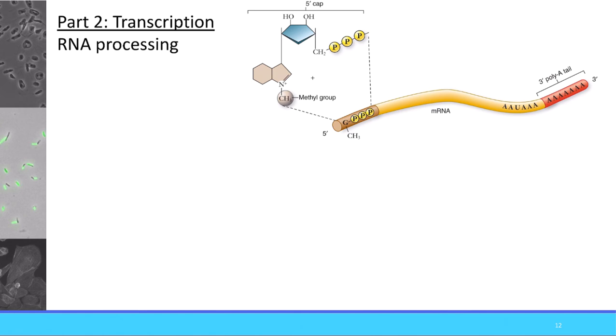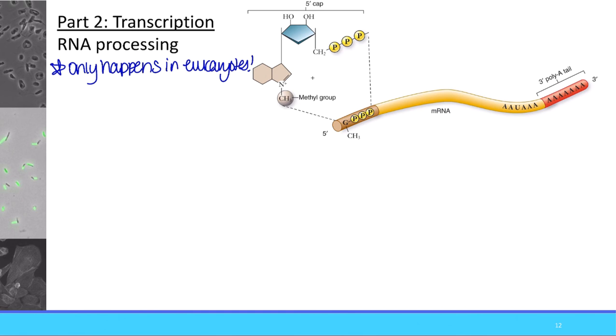So RNA processing is a really cool concept, and the key here is that this only happens in eukaryotes. So this does not happen in bacteria or archaea, and part of the reason for this ties back to the structure of cells.